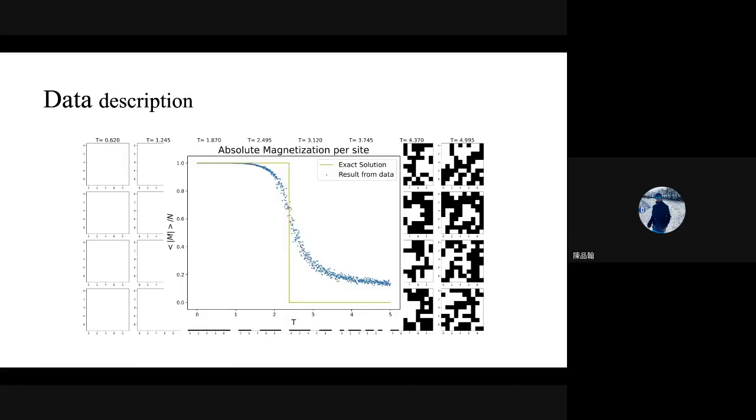As the figure shows, at low temperature, the magnetization has a certain direction. When the temperature increases, the magnetization disappears. This spin system on the lattice is the so-called 2D Ising model.